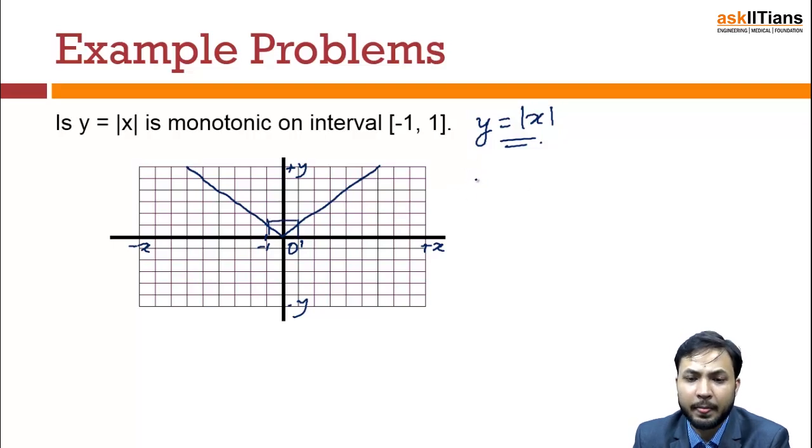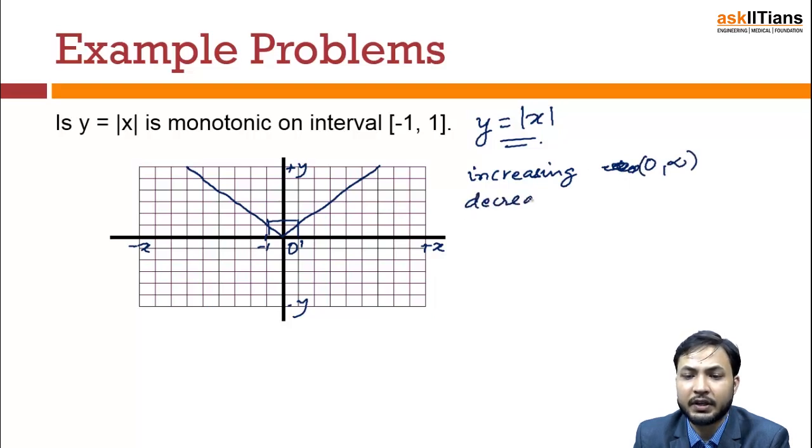In this domain the curve is increasing from 0 to infinity, right? And this curve is decreasing in the interval of minus infinity to 0, right?